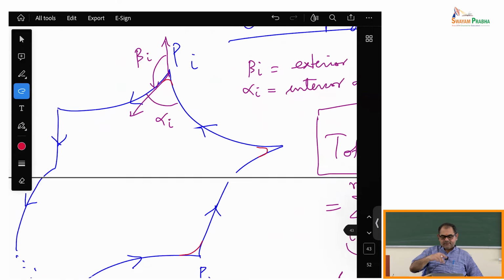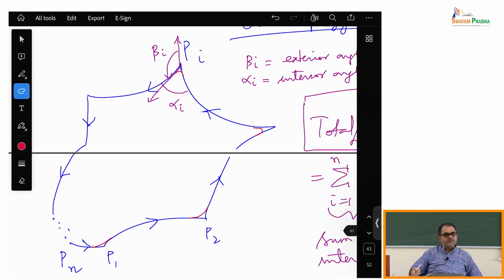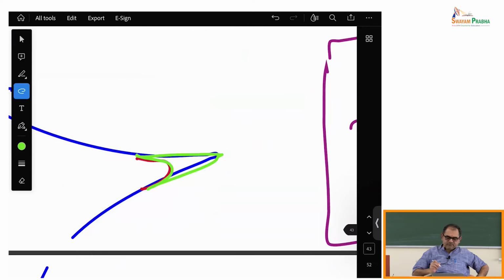Then you will get a red curve, which is the same as the original blue curve, but only at the sharp corners you have smoothened it out, and for the red curve the Umlauf-Sachs applies. Then you have to worry about what happens at each vertex, and if you look at what happens over this closed curve, and you let these two tend to 0, then you will get only the contribution due to the change in the tangent direction, okay.